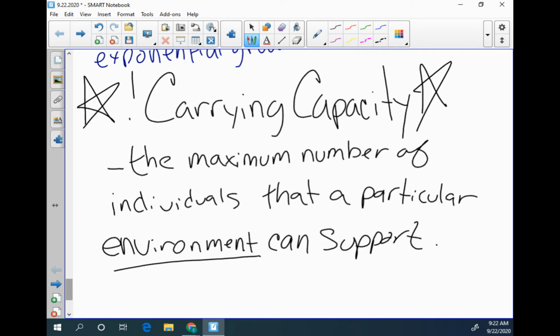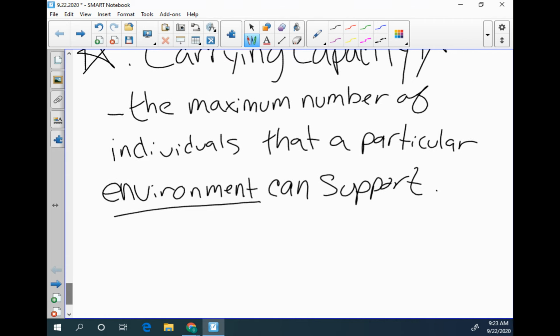Carrying capacity depends on the environment. At carrying capacity, a population stabilizes.